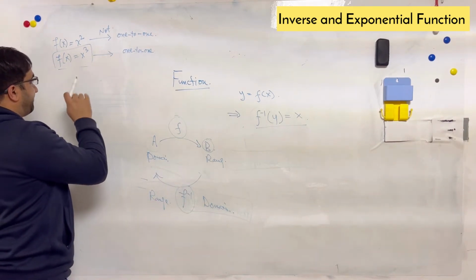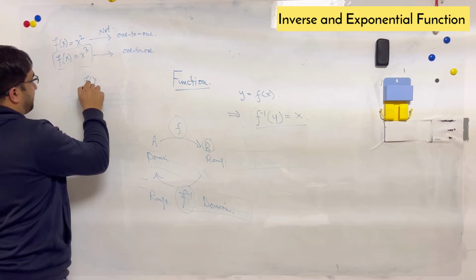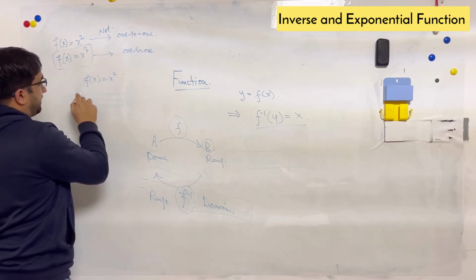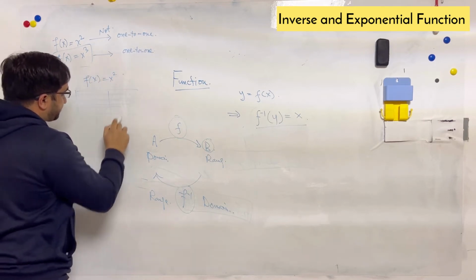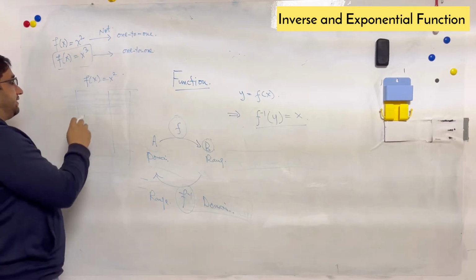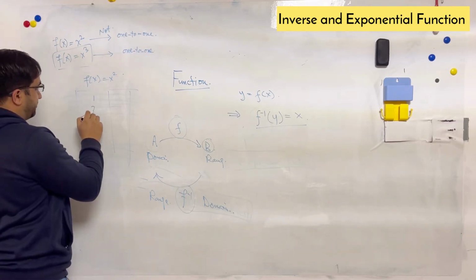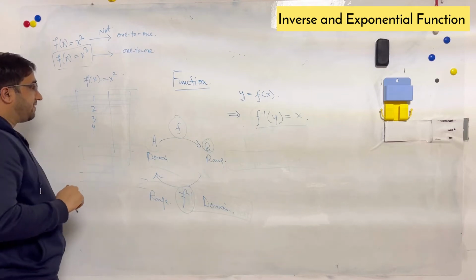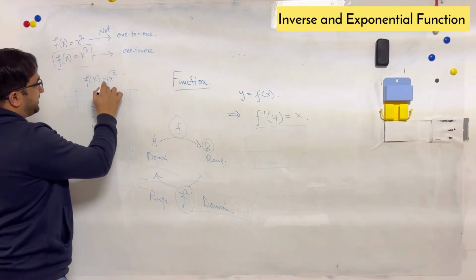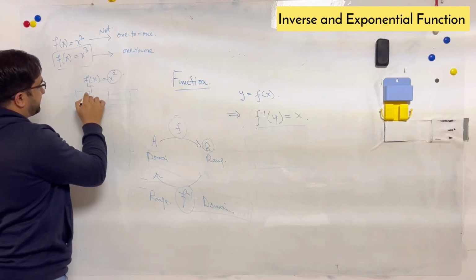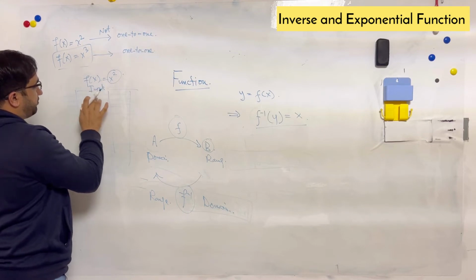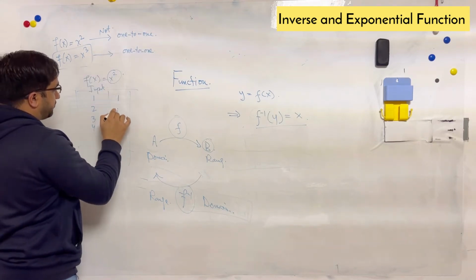For example, you have the function f of x equals x square, and you have some data: 1, 2, 3, 4, the input. When you put them into this function, you get the output.